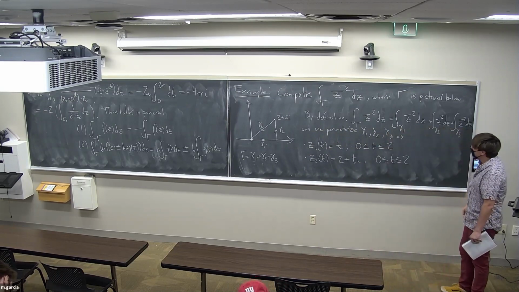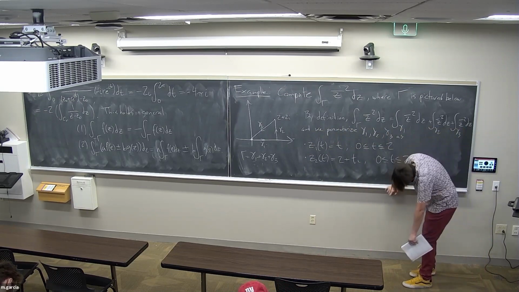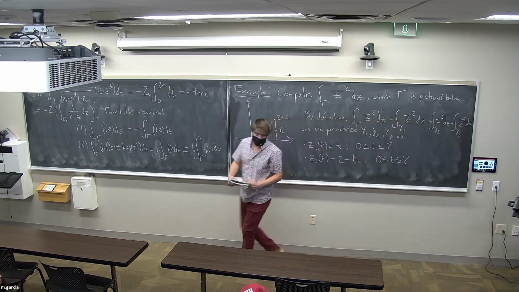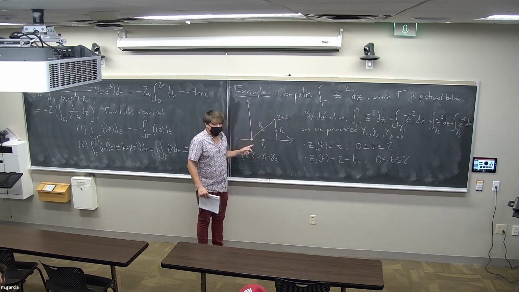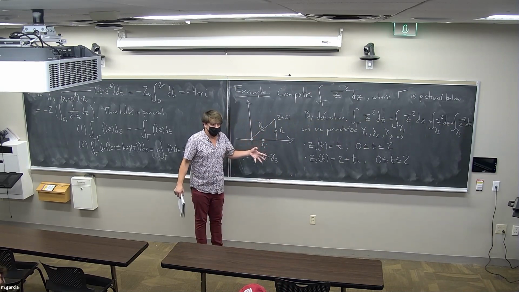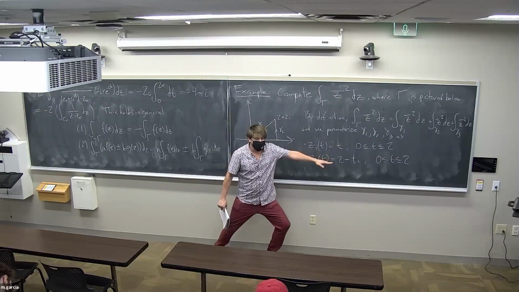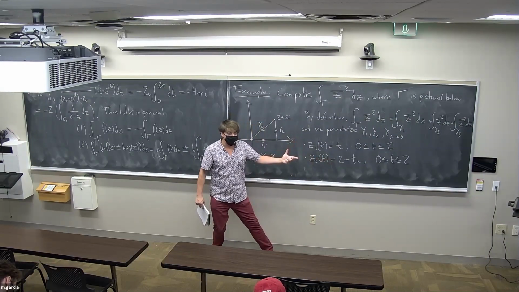Now, remember, we did a similar example to this where I asked you to parameterize this contour over a given interval. But now, we can choose whatever interval we like that is convenient for us to write down quickly.